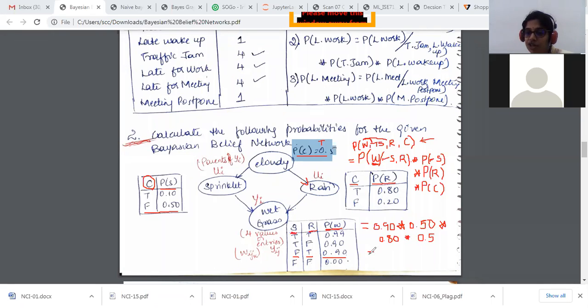So the probability of my given test case instance is? Ma'am, is it 0.18? I think so. I have not calculated it because that's the new test that I am giving to you. So it's 0.18.